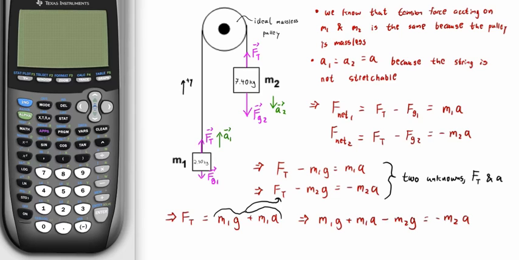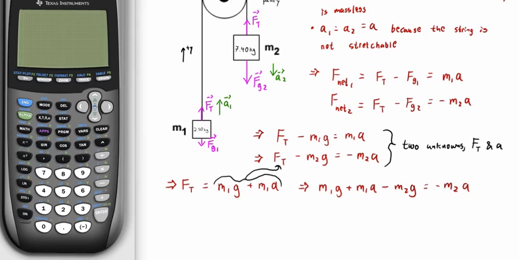I'm going to collect like terms, putting the g's and a's together. I'm going to add M2a to both sides, so I'll have M1a plus M2a on the left-hand side. Notice I left the M1a by itself, and then I added M2a to both sides.